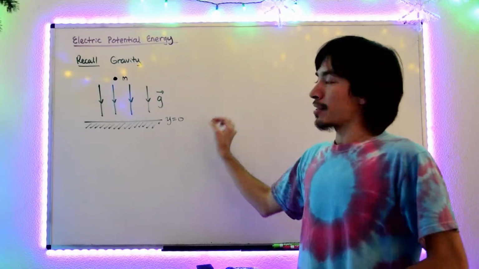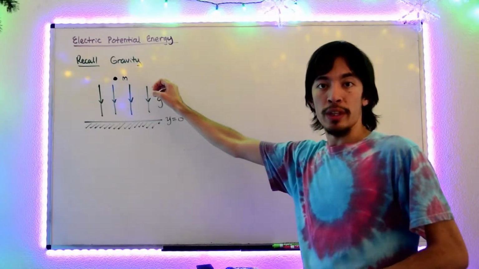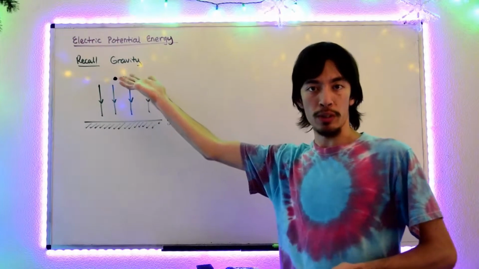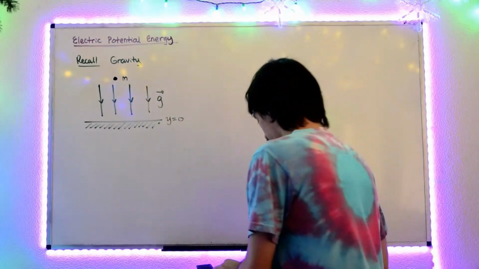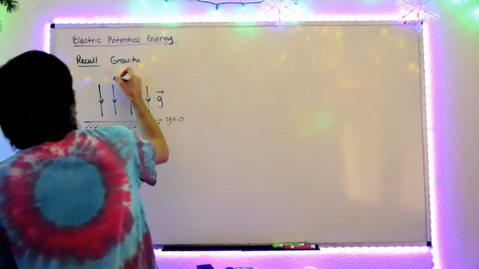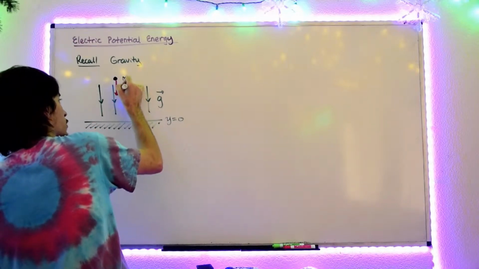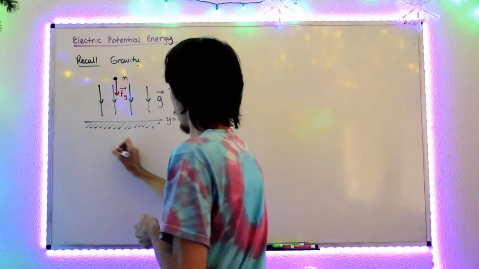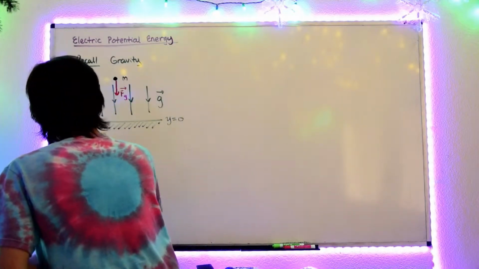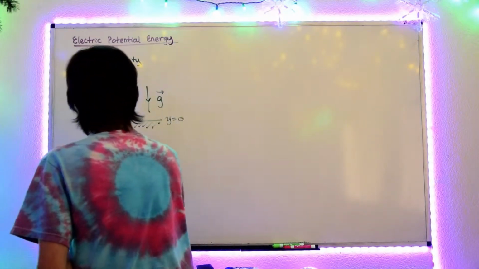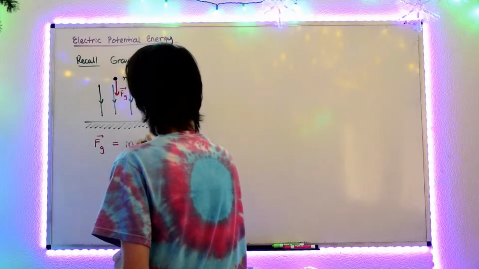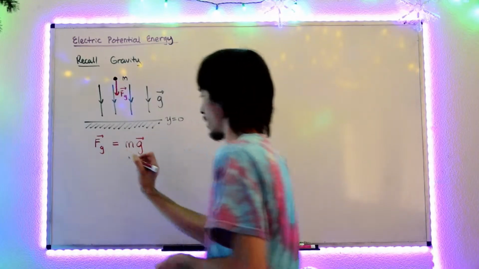We know that when the mass is put in that gravitational field, it will feel a gravitational force based on it. So we know that, for instance, it would pull it down. Call this Fg for force of gravity. And we know that the force of gravity is equal to mass times the gravitational field.